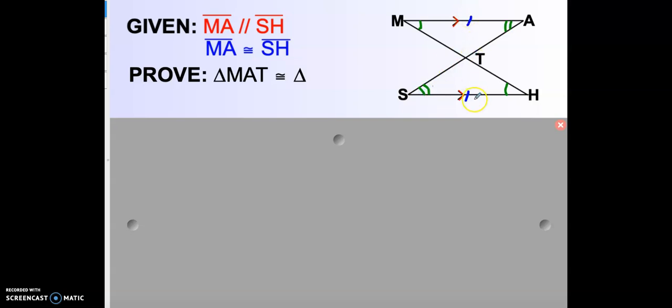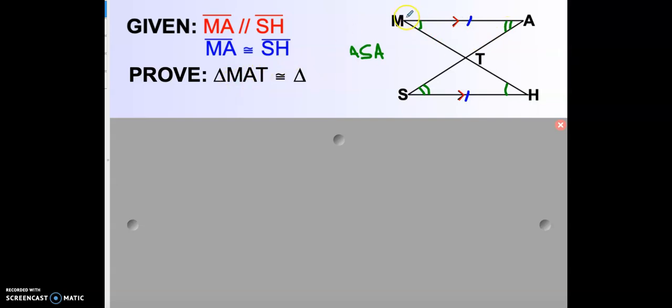And since we have parallel lines, we know alternate interior angles have to be congruent. So I can tell right now that ASA, angle side angle, is going to be my strategy. And I know that because the side is between the two angles. This blue side is between these two gray angles.